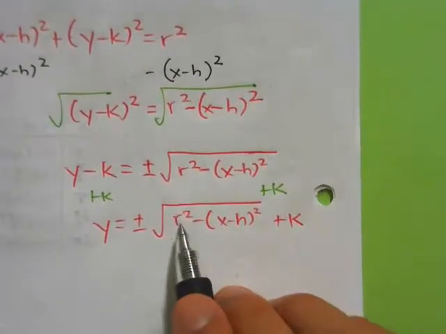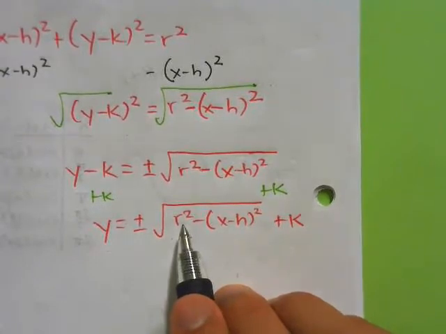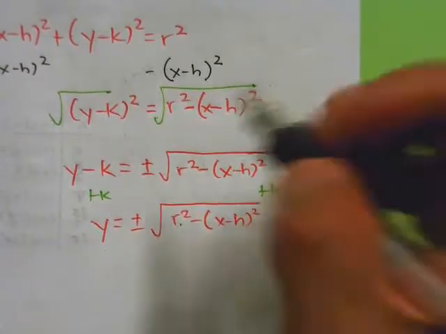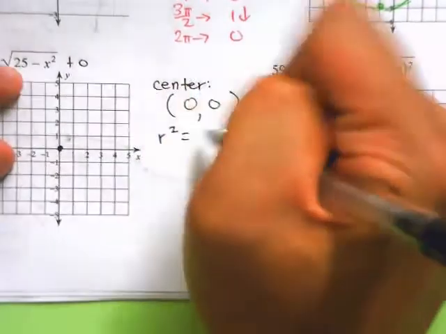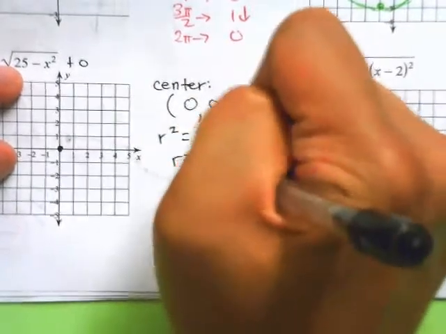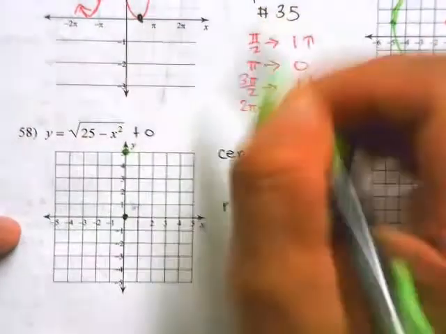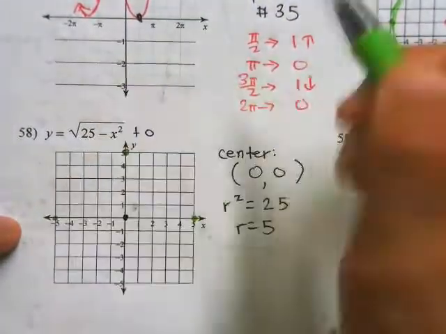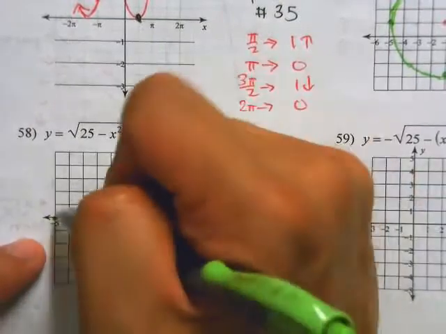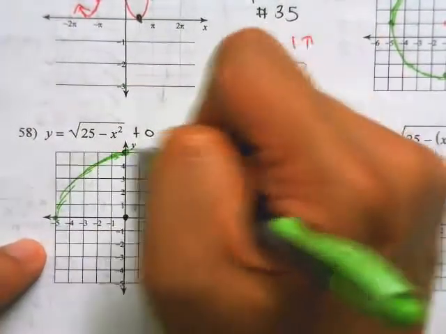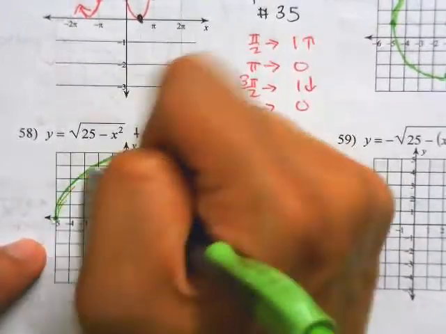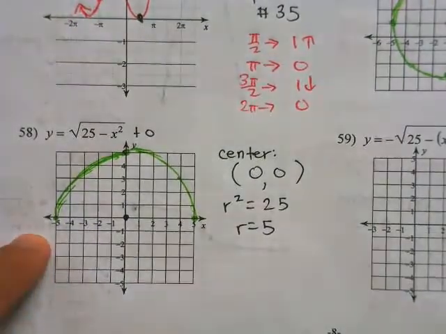Your r squared is 25, so your radius is going to be 5. We're going to go 5 up, right and left, but not down, since it's positive, we're only taking the top half of the circle, and you are done with that.